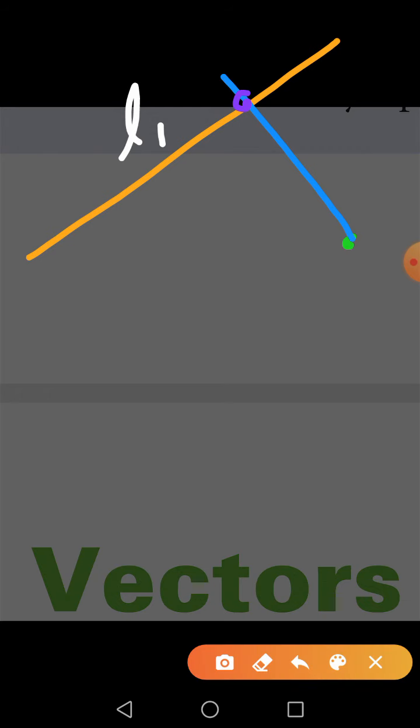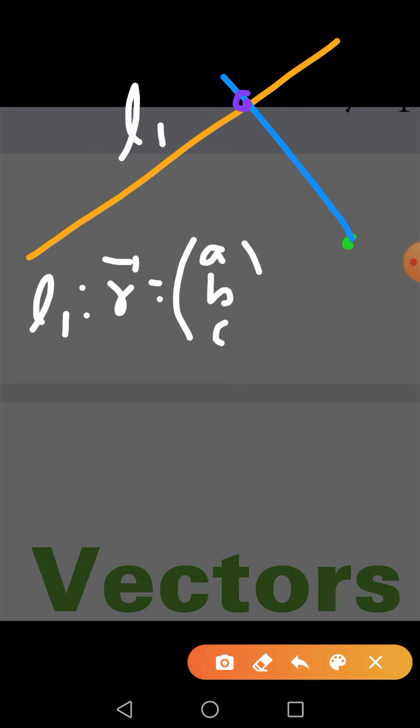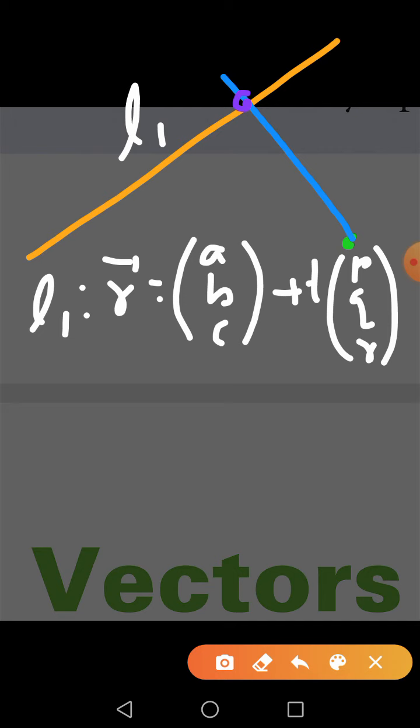Now consider that L1 has an equation of r is equal to (a, b, c) plus t multiplied by (p, q, r).